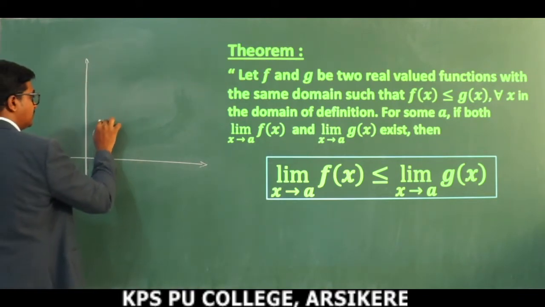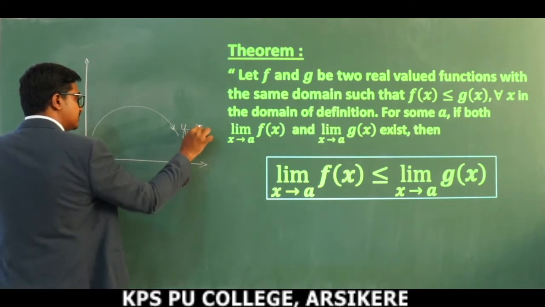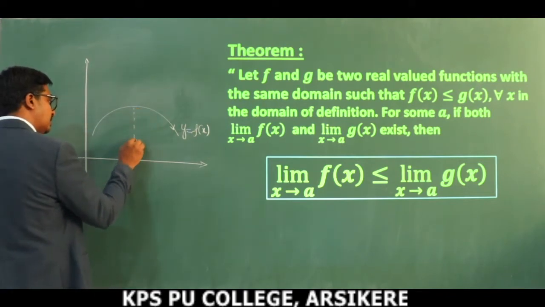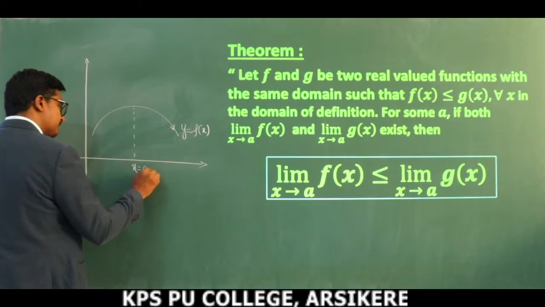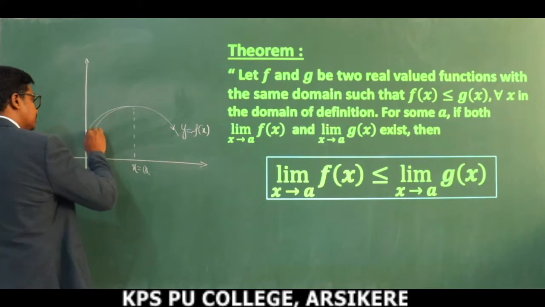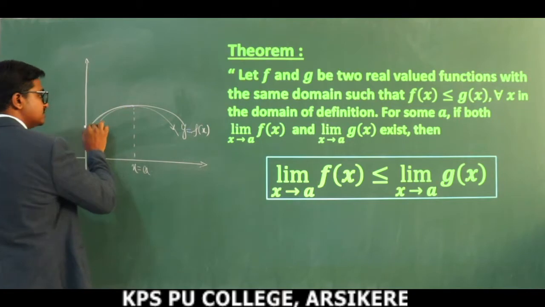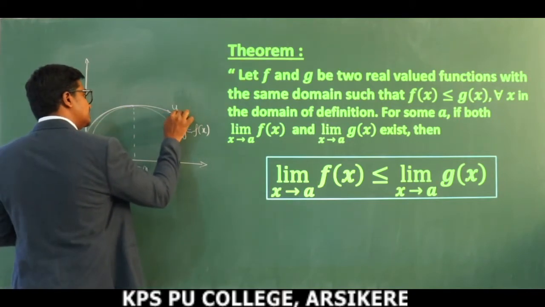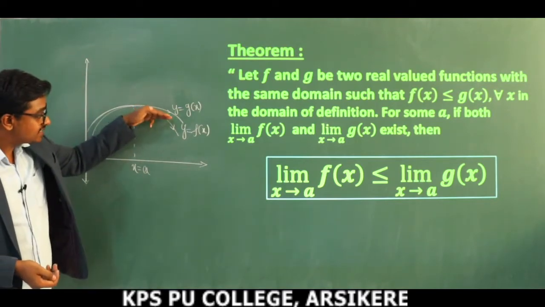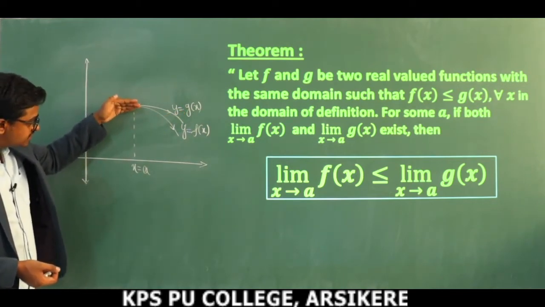Just observe. Here we have the function y is equal to f of x, and here we have the point x is equal to a. We have another function, y is equal to g of x. Observe that the function f of x is less than or equal to g of x, so f of x is below g of x.